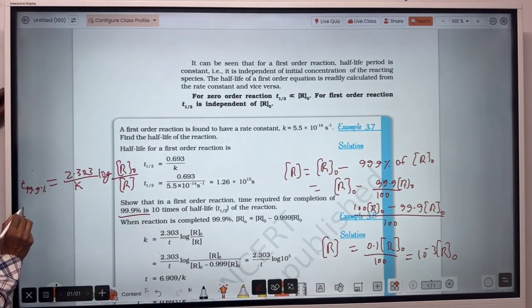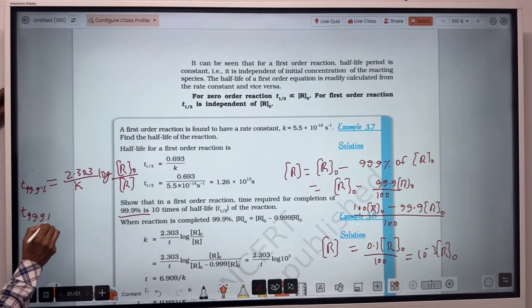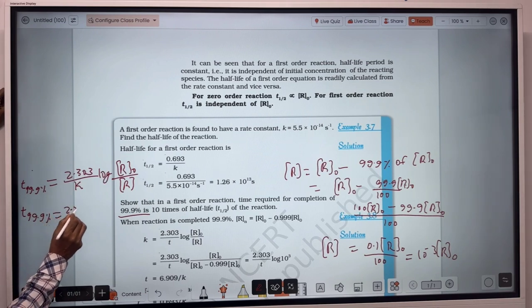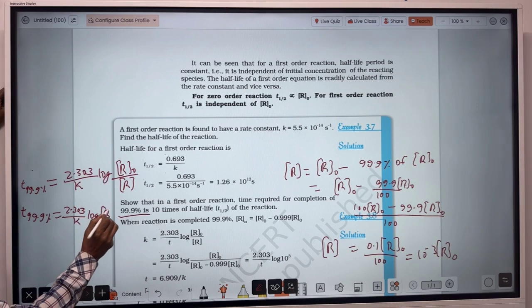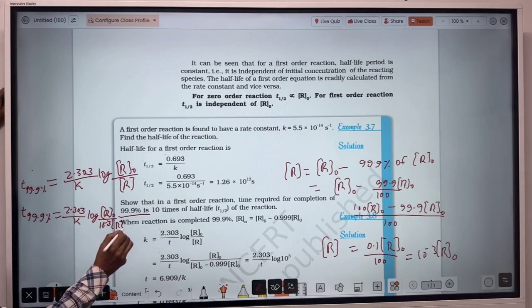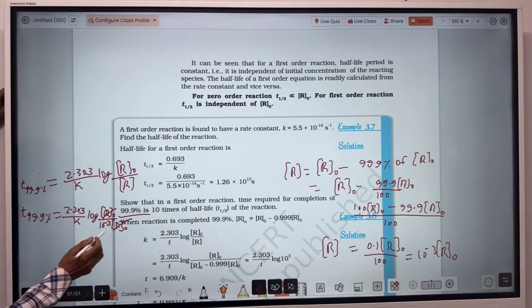So R naught will cancel out, 10 power minus 3 will go in the numerator and become 10 raised to the power 3.